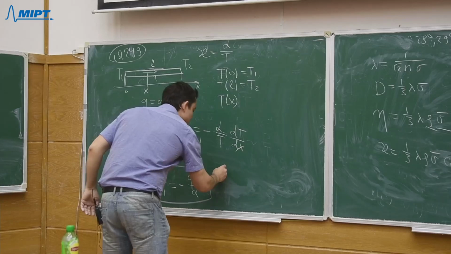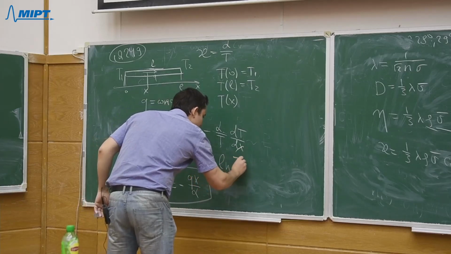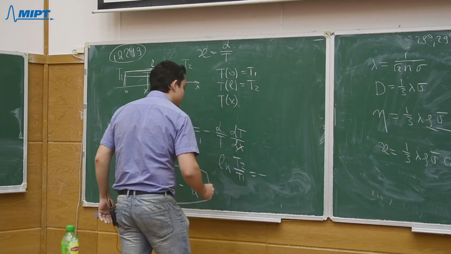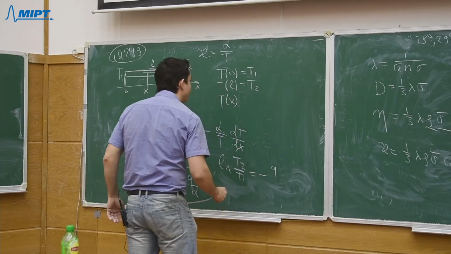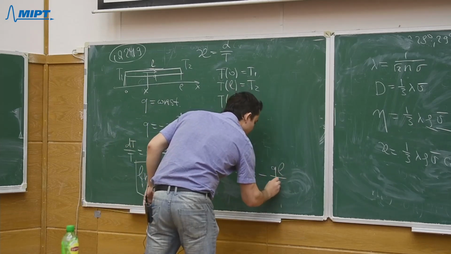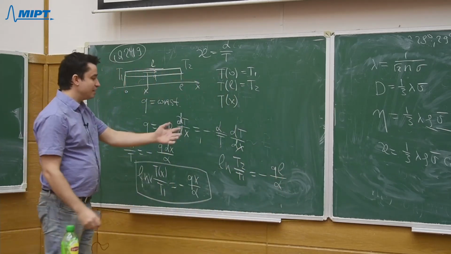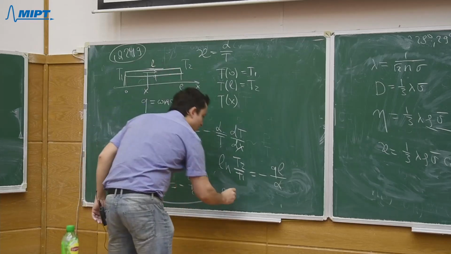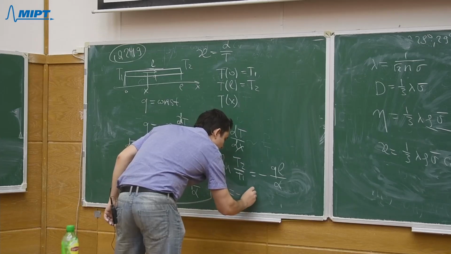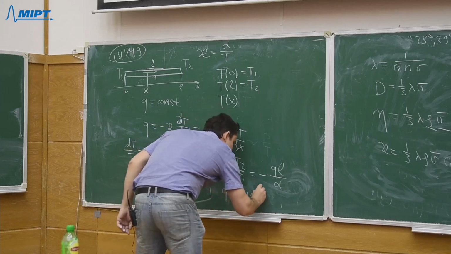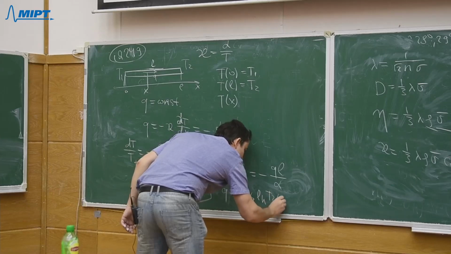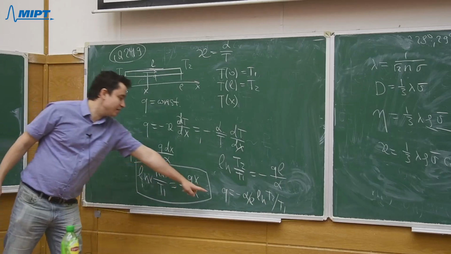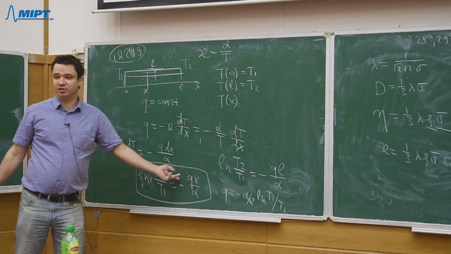We can write that natural log of T2 over T1 is exactly minus Q L over alpha. So that gives me Q. Q is minus alpha over L times natural log of T2 over T1.